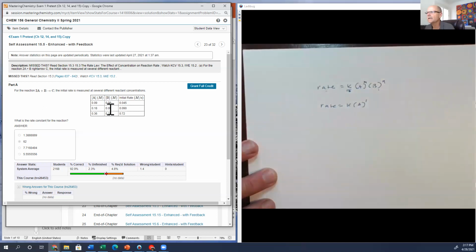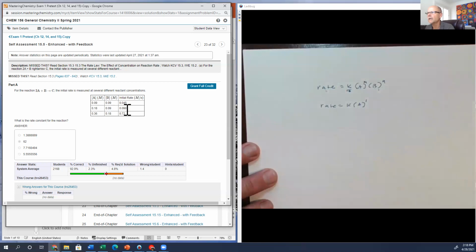And then for B, now in this case, let's see, what do we got? We have to do the same thing again, right? Because if you look at this data, here we doubled A and we doubled B, but you already know that doubling A should double this, right?